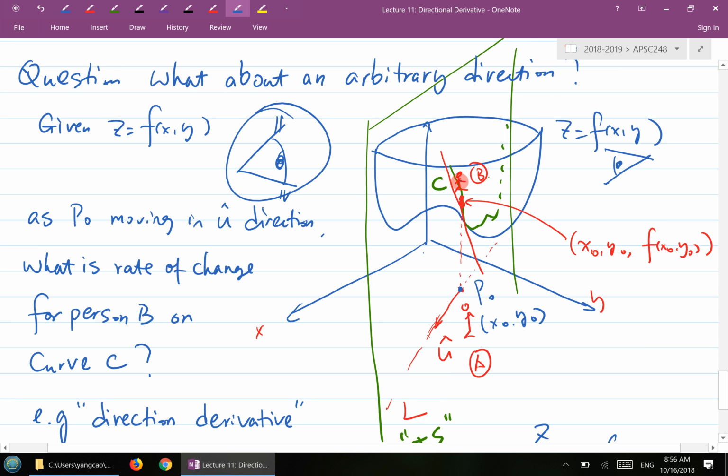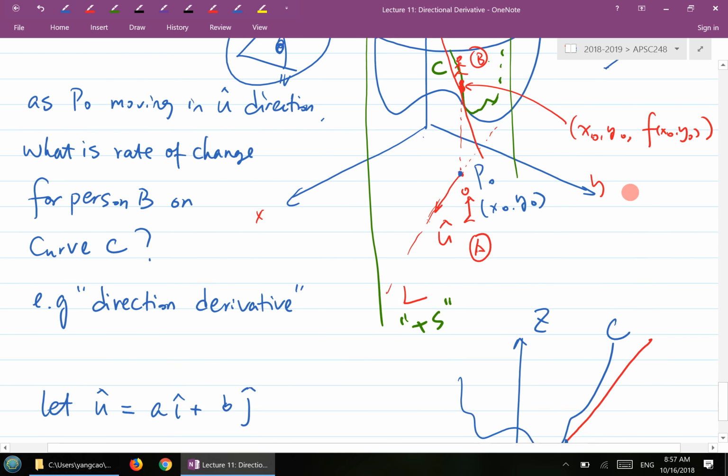So when we're talking about the rate of change in the curve C, we're actually talking about the rate of change of the function f. C is basically part of the function f here. So when you say rate of change of the point P on the curve C, it's equivalent to saying the rate of change of the function f as P is moving in a certain direction.